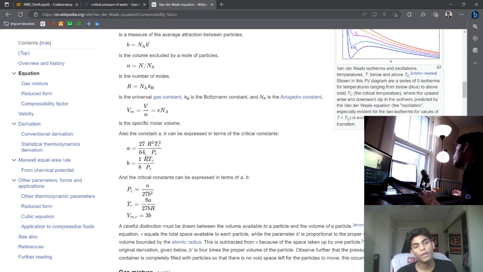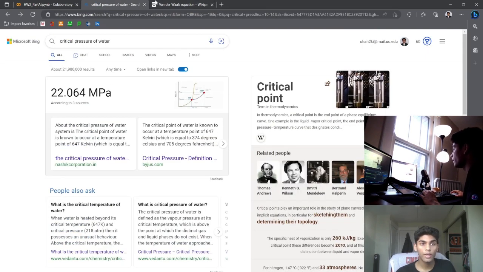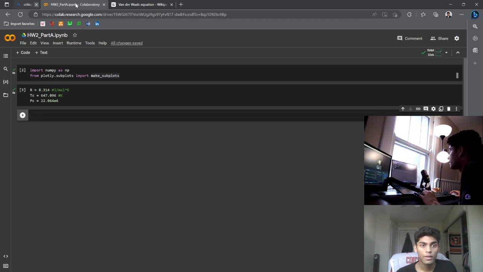So we have A is equal to 27/64 R squared TC squared over PC, and B is equal to 1/8 RTC over PC. So let's get that in our code here.